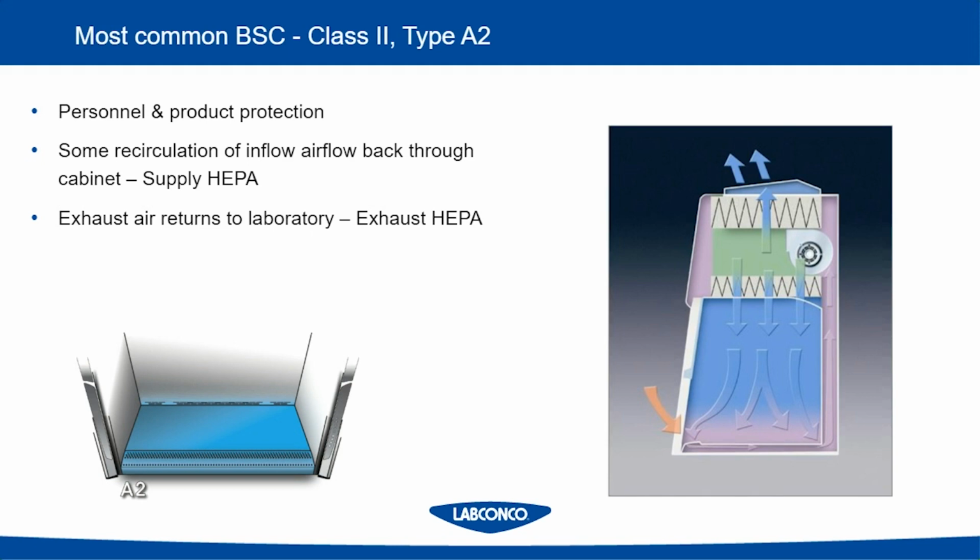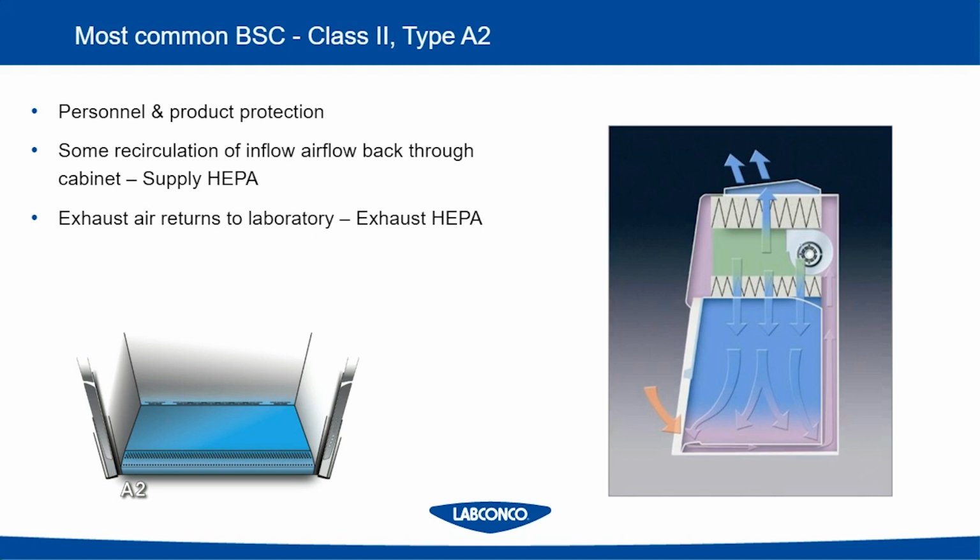Now, what happens in this situation if I have some chemicals that I would like to use that are fuming? There are two problems with trying to use a fuming chemical in this type of cabinet. The first problem is that it's not going to be trapped by the HEPA filter and it's going to be pushed back into the laboratory.